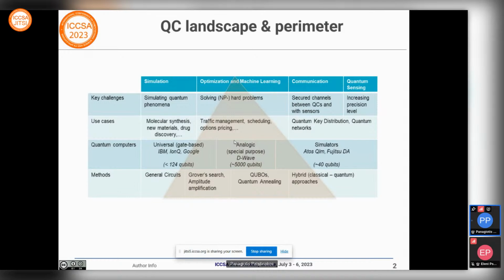Some machines are called universal quantum computers, which use gates inside the processing. And here we are more interested in analog quantum computers, like the one proposed by the company D-Wave.